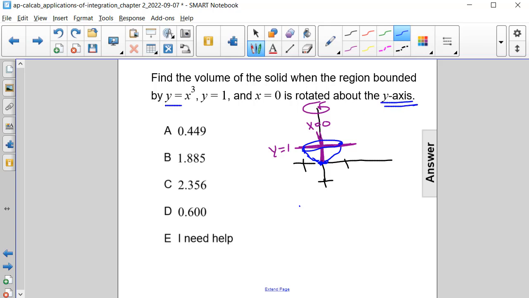So we need to put our original function in terms of y. In other words, we have to solve this for x. If we cube root both sides, we get that x is equal to the cube root of y, or y raised to the 1/3 power.